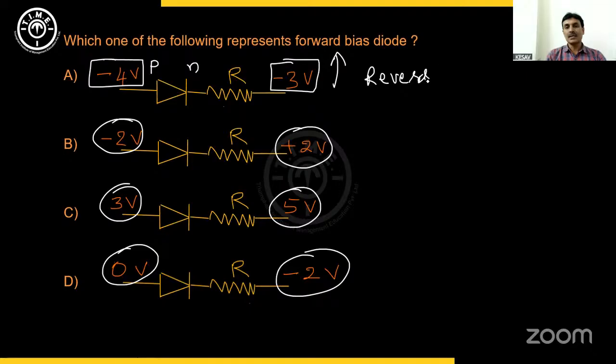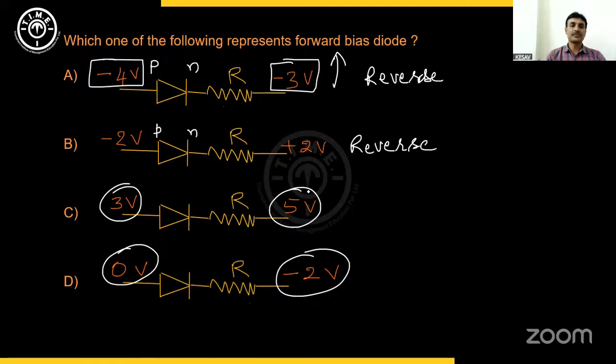It is reverse biased. Coming to the second one, option B, -2 and +2. -2 is given to the P region and +2 is given to the N region. It is like the positive terminal of the battery connected to the N region and the negative terminal of the battery connected to the P region. That means it is reverse biased.